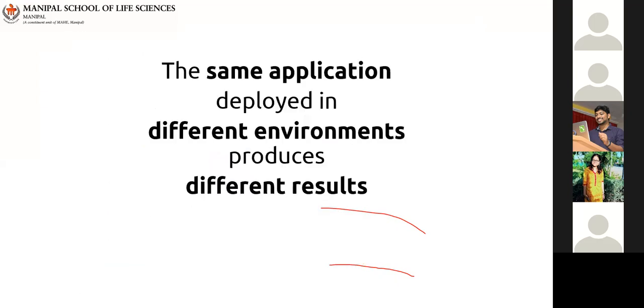Basically, in the area of bioinformatics, we see that the same application deployed in different environments produces different results. And this is very profound. Actually, this is a published study.